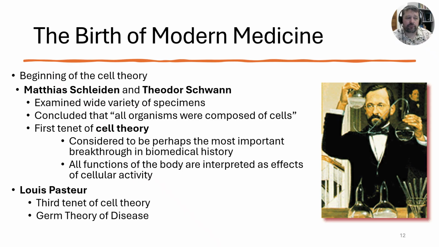And that's really the third tenet of the cell theory. The first two tenets came from Schleiden and Schwann: all organisms are composed of cells, and cells are the smallest unit of life. And the third tenet of the cell theory is that all cells come from pre-existing cells.